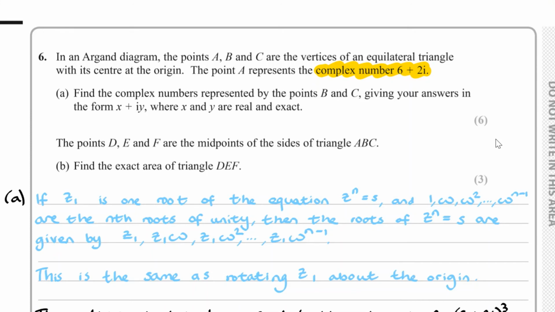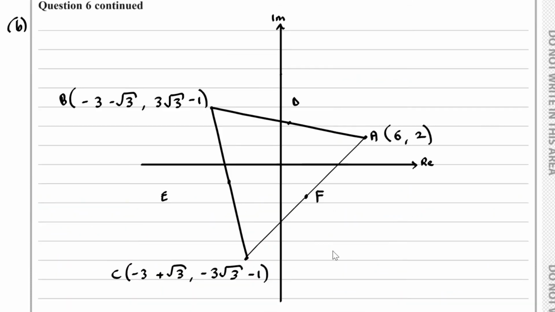And for part B, the points D, E and F are the midpoints of the sides of the triangle ABC. We have to find the exact area of the triangle DEF. So for part B, I've just drawn out the triangle ABC showing the midpoints D, E and F. I've also shown the coordinates of A, B and C. And we know that D, E and F are the midpoints of the sides.